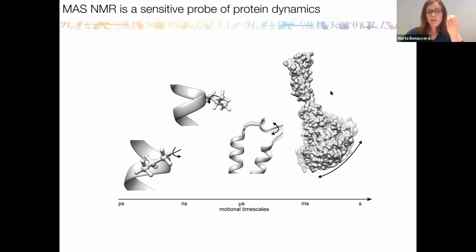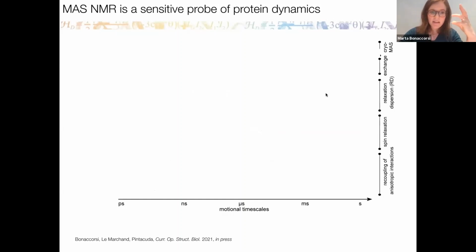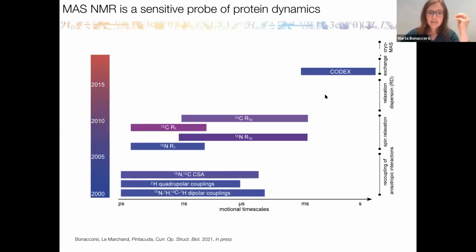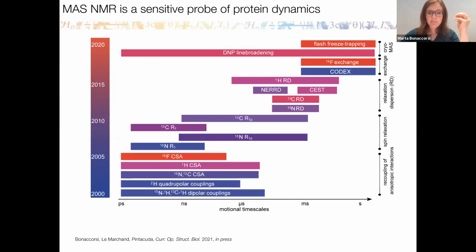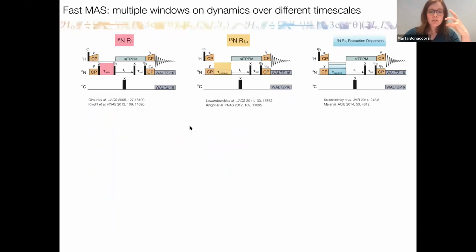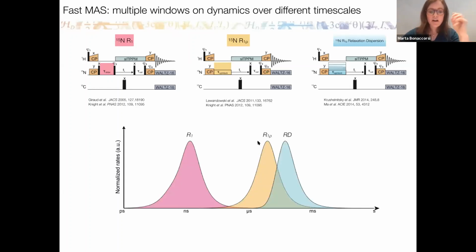This information is missing in the structural determination, but magic angle spinning NMR is a powerful technique to access protein dynamics because it can rely on a variety of techniques which have been developed over the years. So this is a very active field. Today, in particular, I will show results in terms of nitrogen relaxation rates, so for backbone dynamics, in particular R1rho and nitrogen relaxation dispersion, which can overall cover a wide range of motional timescales.